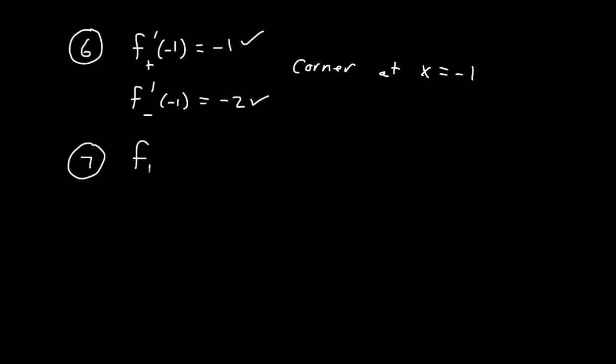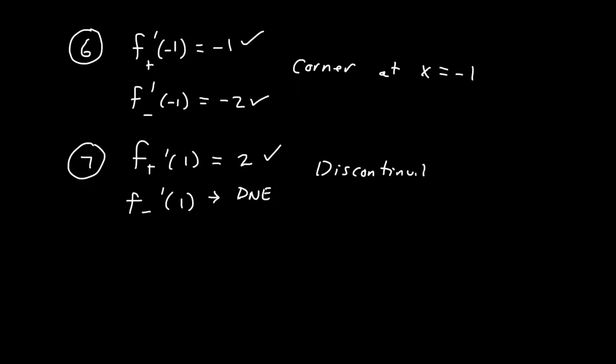But in number 7, the derivative from the right of 1 was equal to 2. But the derivative from the left does not exist. In the event that one of them is a real number and the other does not exist, that's when we know we have a discontinuity. In this case, specifically, at x equals 1.